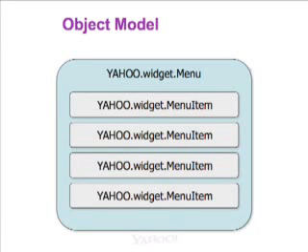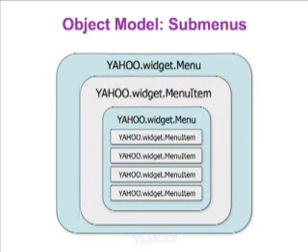The object model for menu looks like this. There you have the menu class, which essentially has menu item instances inside of it. And this object model can be nested inside itself n number of times. So essentially, menu instances are always children of their parent menu items.